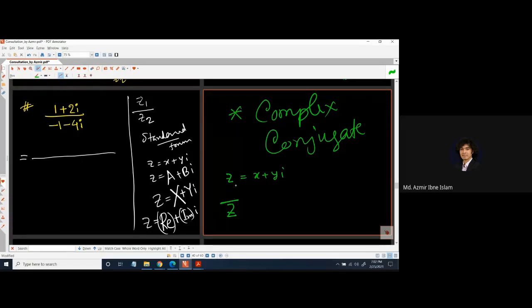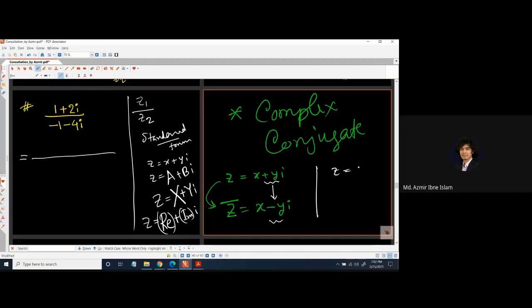So complex number Z has a conjugate Z bar. In some reference books or textbooks, you will see it written in Z prime notation. It doesn't matter. Z bar equals X minus YI. If we have a complex number X plus YI, its conjugate will be X minus YI. So the change that you have to make is in Y.